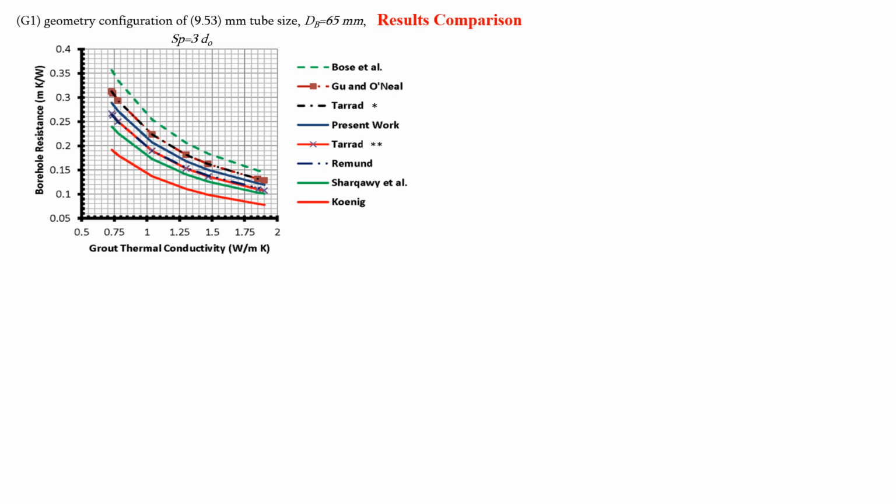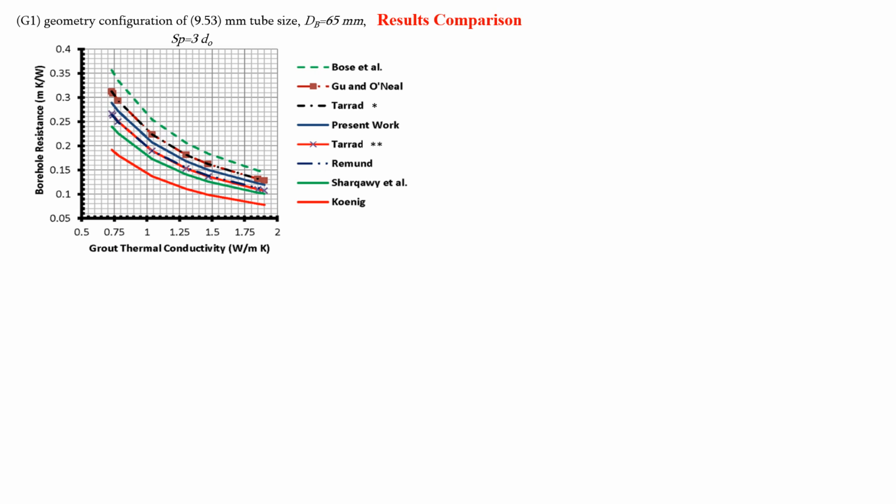And this illustration shows that the maximum is predicted by Bose-Etal correlation, and the minimum is predicted by Koenig equation, and in between the rest of the models.